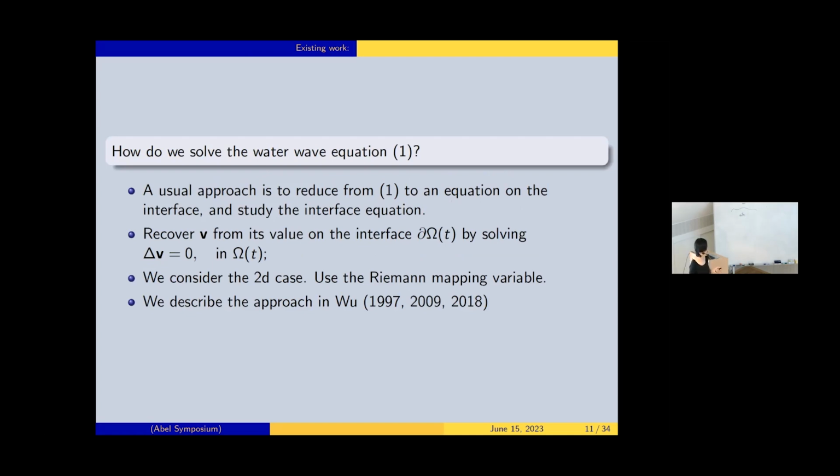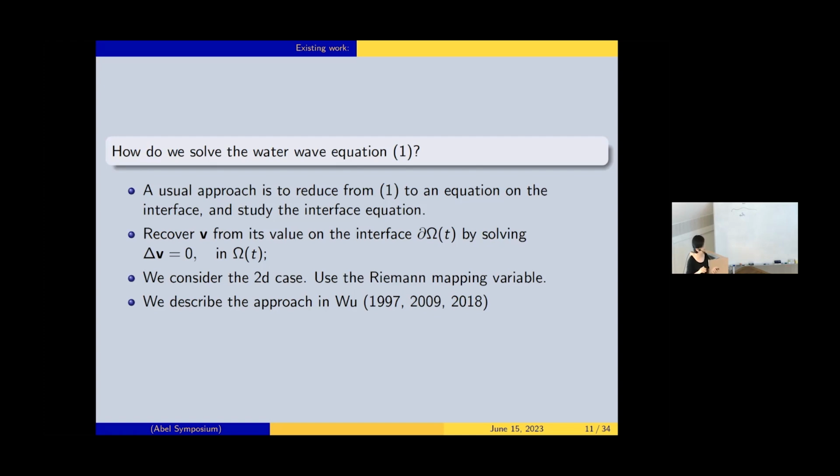So here I'm just going to go over a different method of studying the water wave equation. Here we are going to describe the approach we have been using in all our work, okay? The basic idea is just to reduce the equation to the interface and study the interface, because the water wave equation is a free boundary problem, right?